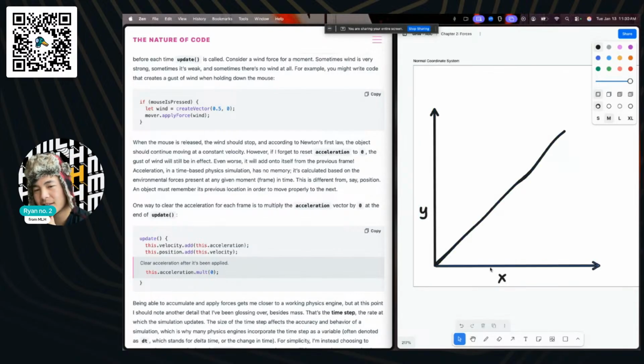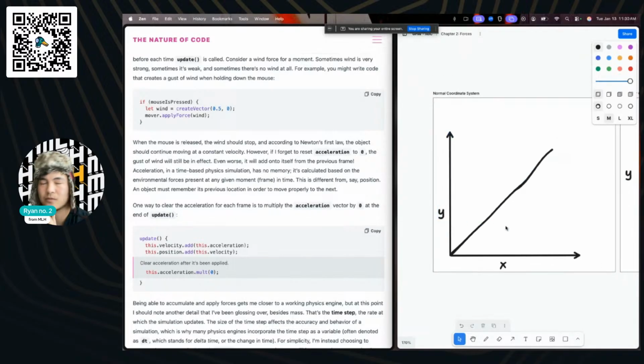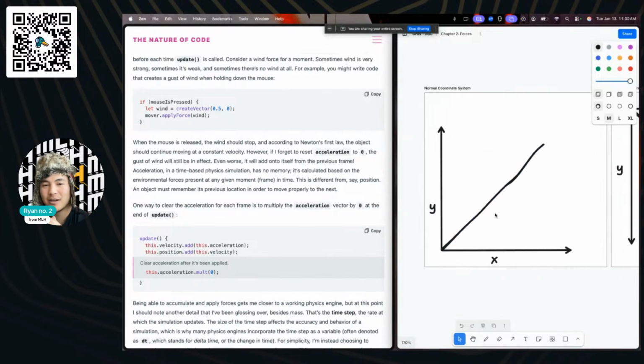Sorry, we're not talking about this linear function right here. What we're talking about is the direction of the y right now. If we wanted to put a circle maybe around here, we would need to have a positive x and a positive y.